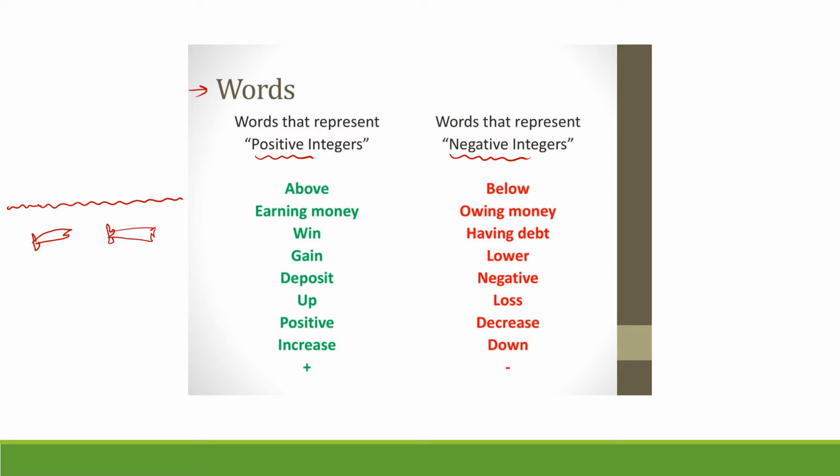You are standing here, and above the water level you are standing, and below the water the fishes are living, right? So let's say that this level of the water is said to be 0.